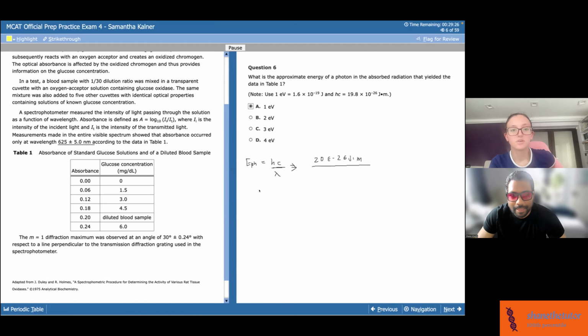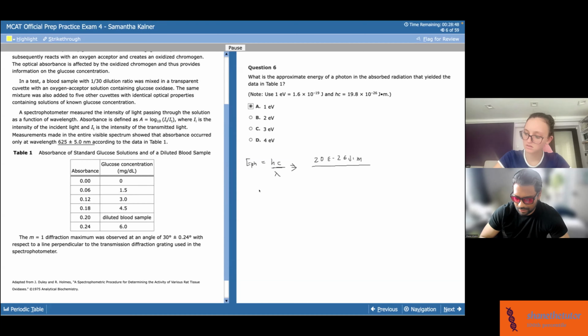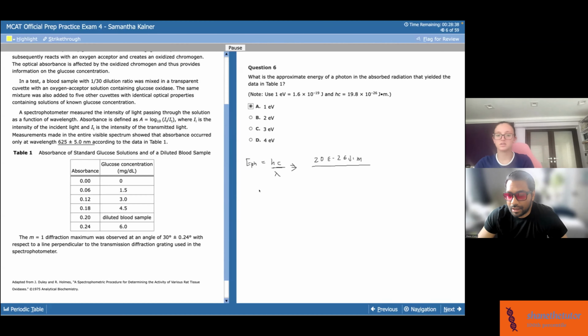Be careful with that. Milli would be one thousandth, micro would be one millionth, nano would be one billionth, so nano would be E to the negative 9.